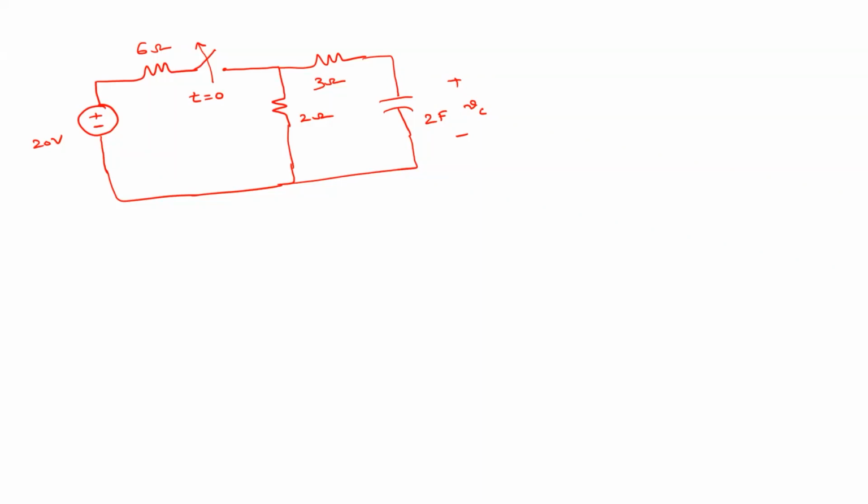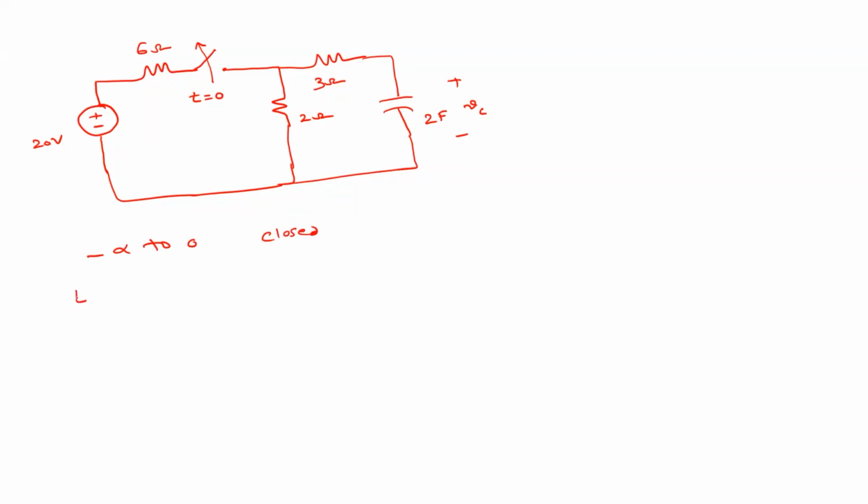So this is the circuit, right? From minus infinite time to 0, the switch is closed. At t equal to 0 onwards, the switch is open.